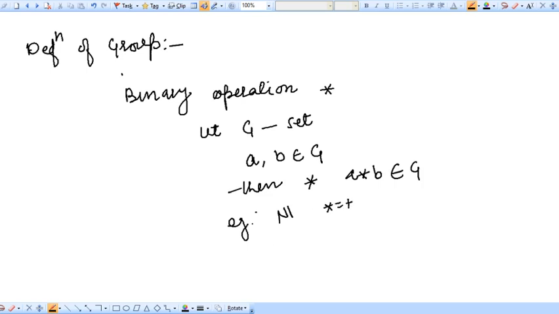If there are any two natural numbers like 1 and 2, their sum, that is addition, is also another natural number, and this is true for every natural number, because addition of any two natural numbers is again a natural number. Therefore this star in this case will be called a binary operation.